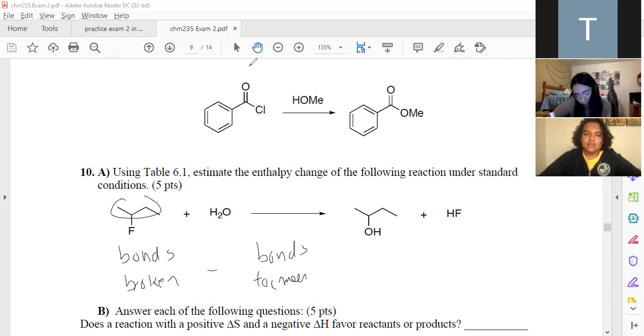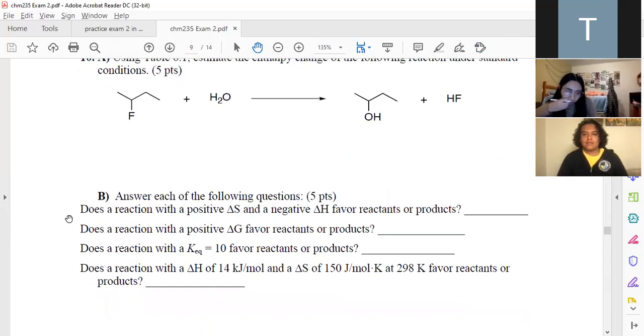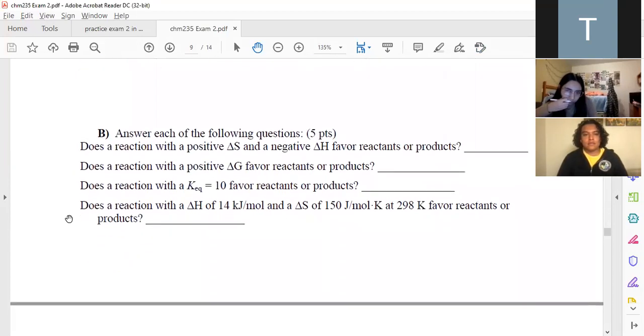Well, even if you add those in, they're still there on both sides, so they just subtract and cancel out. So bonds broken minus bonds formed is going to equal your delta H. See, in Gen Chem I teach you the long way, but in organic, I show you the short way. You're probably thinking, we could have used that information earlier.